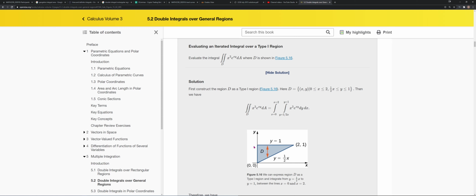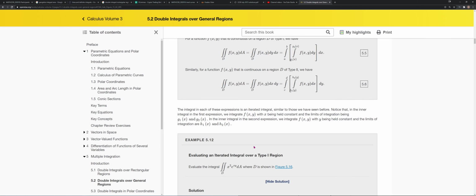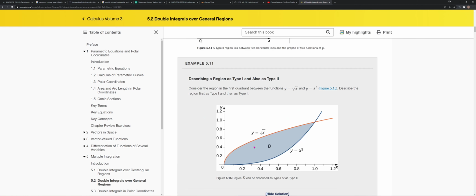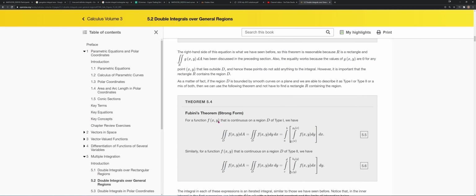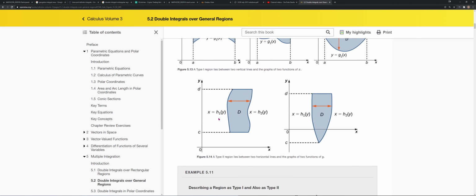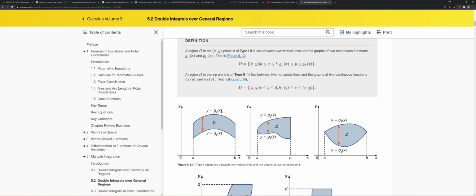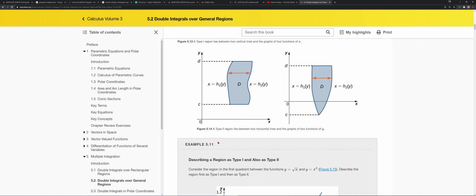If I want to express this as type 1, you need to have a top curve and a bottom curve, and the top and bottom curves would be in terms of x. So you want y equal to a function of x on the top and y equal to a function of x on the bottom.